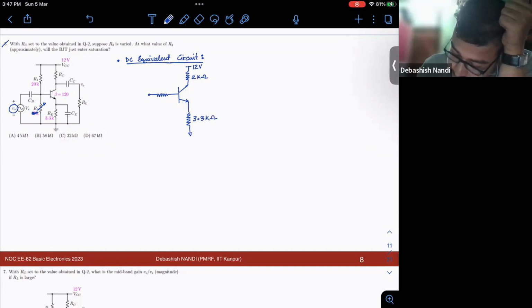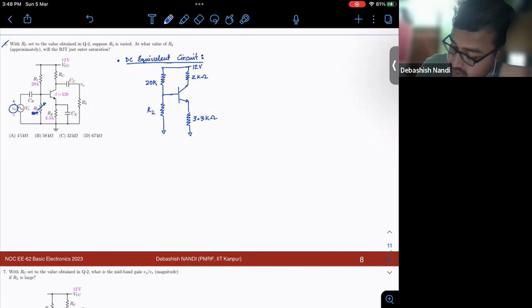Okay, this I cannot do because R2 is not given. So this is 20K and this is my R2.